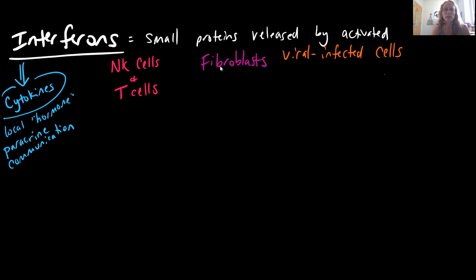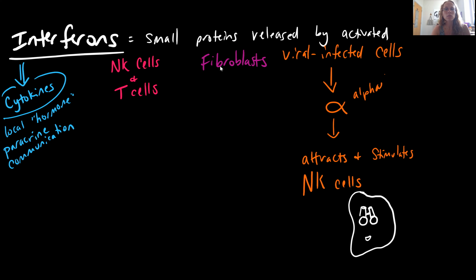When a cell is infected by a virus, it's going to release alpha interferons. And this is going to attract and stimulate NK cells. So those NK cells can demonstrate chemotaxis and move in the direction of the alpha interferon. And then remember, it's going to release perforins and poke holes in that abnormal cell.